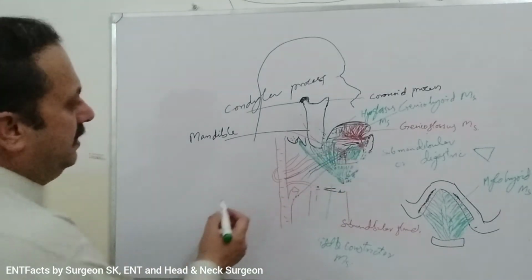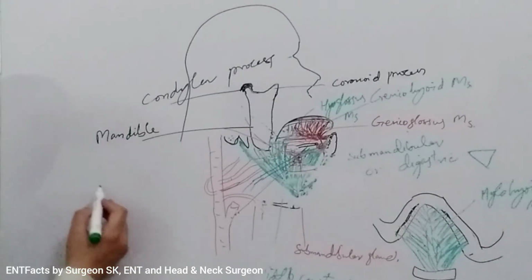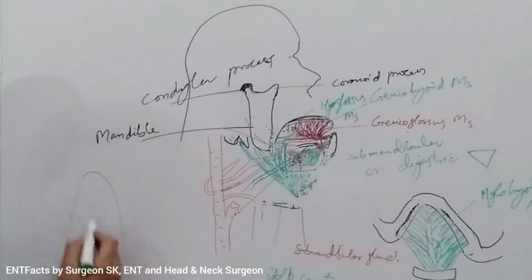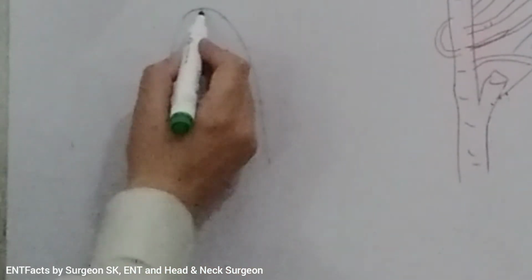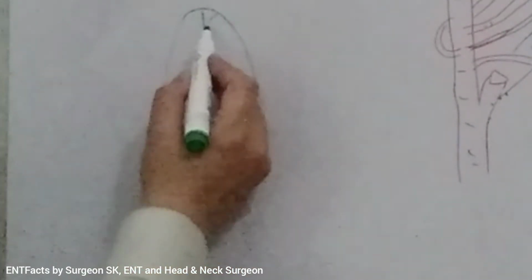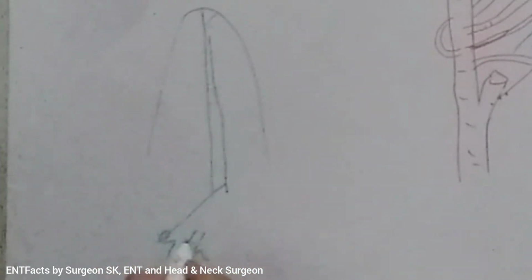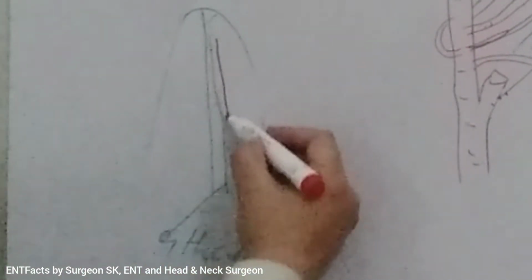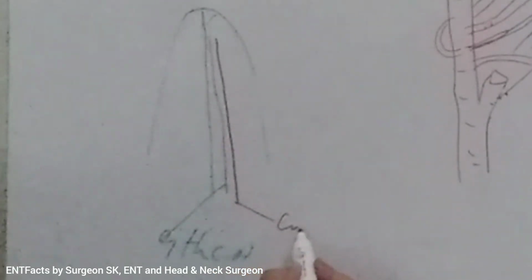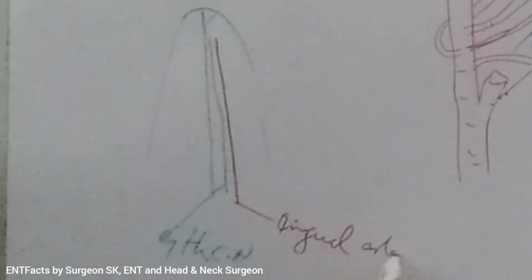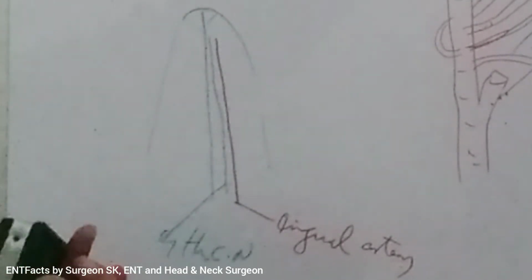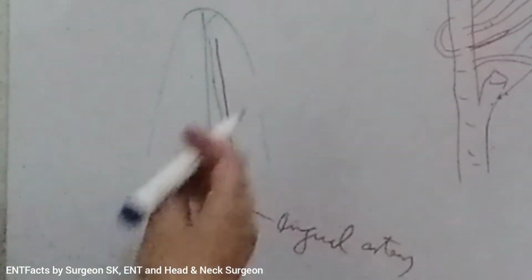So if you draw the arrangement in the tongue, this is the tongue midline. Deep to this is the ninth cranial nerve. Then the lingual artery, then the lingual vein.